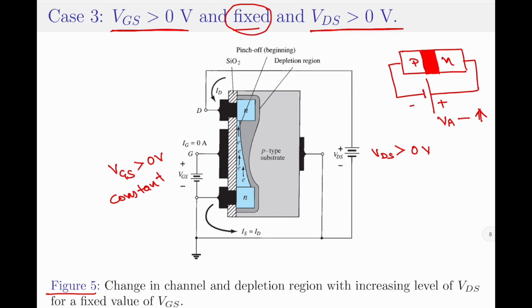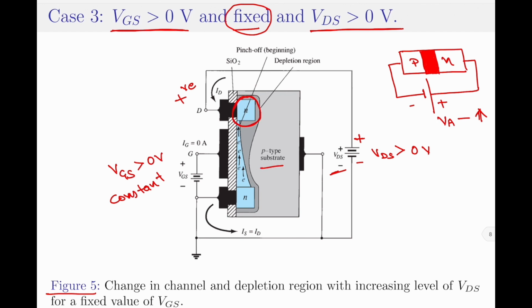If you look at the drain terminal, note that it is connected to the positive potential of the battery. You can see at the VDS here, the positive plate of VDS is connected to the drain and the negative plate to the source. The drain semiconductor region is made up of N-type semiconductor, so you are connecting a positive potential to the N-type drain region.